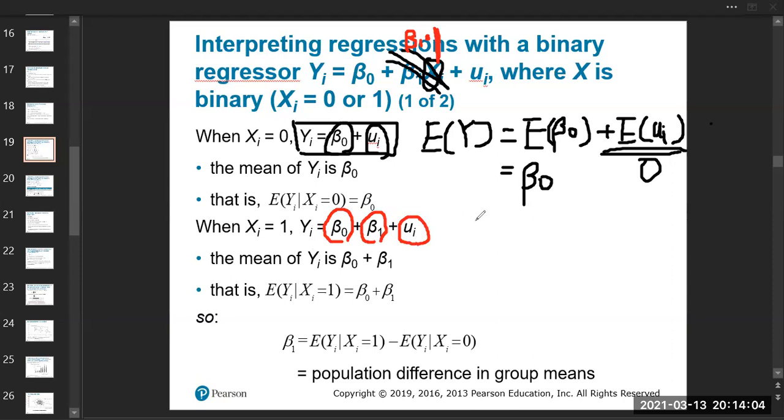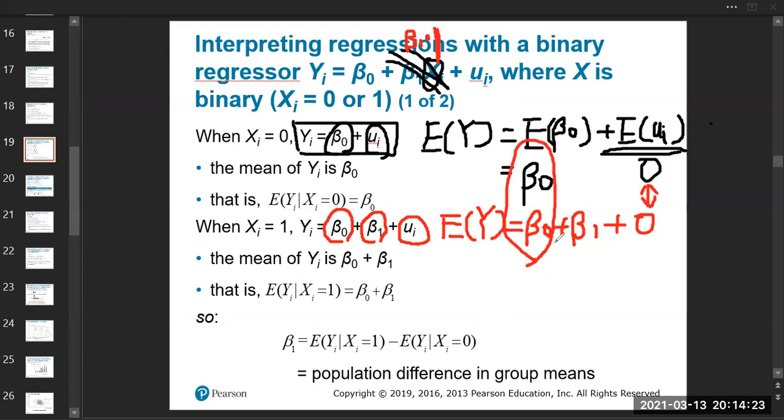In this case, if I need to calculate the expectation of y, I have beta 0 plus beta 1 plus 0, because the last term is 0. So what I get is the mean of yi equals to beta 0 plus beta 1. That is expectation of yi conditional on x equals to 1 equals to beta 0 plus beta 1.